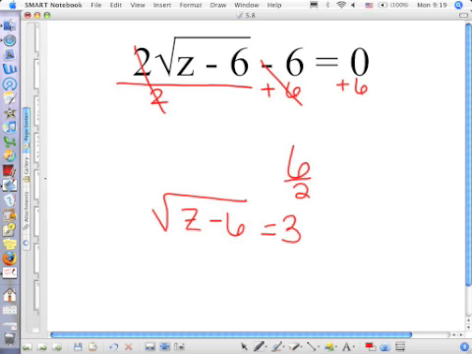And so you get the square root of z minus 6 is equal to 3. Can that be solved? Can you find a square root and get positive 3? Yes. Okay, so what's next? Square both sides. I'm trying to get rid of square roots, so I'm going to square both sides.